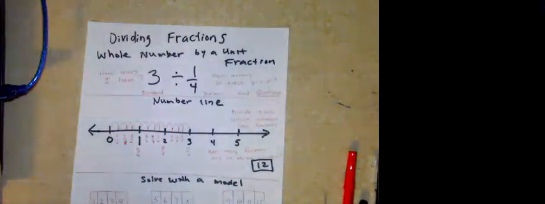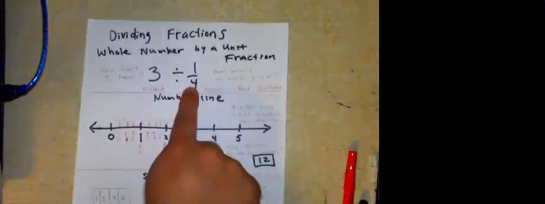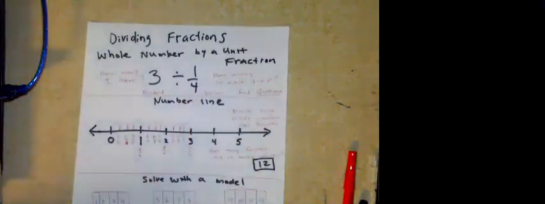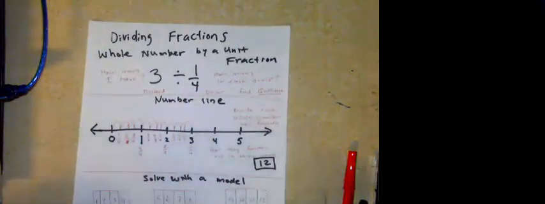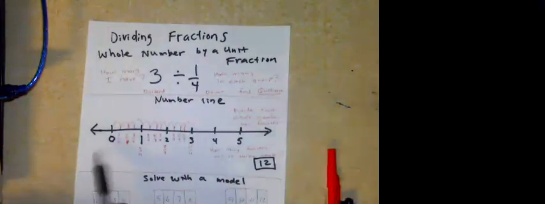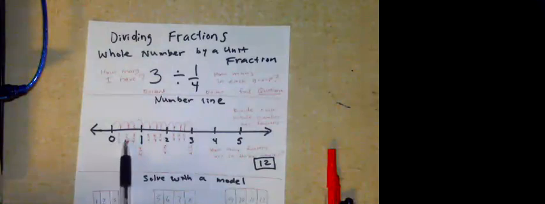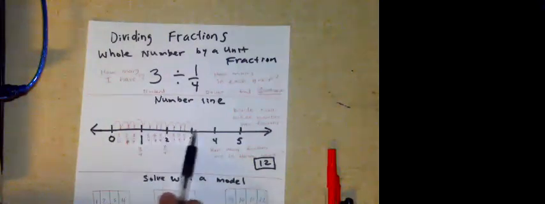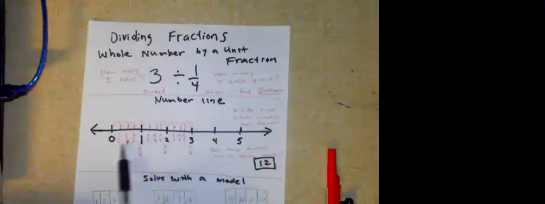And how many is in each group? 1/4. And we used a number line, and we took every whole number and divided it into fourths. Then 1/4, 2/4, 3/4, 4/4, and then we just count it. 1, 2, 3, 4, 5, 6, 7, 8, 9, 10, 11, 12. And we kept every whole number as fourths.